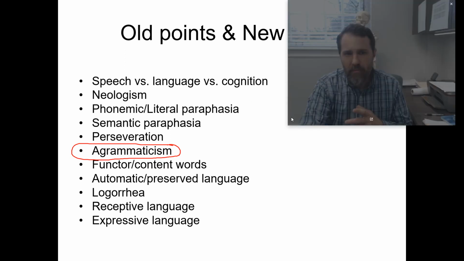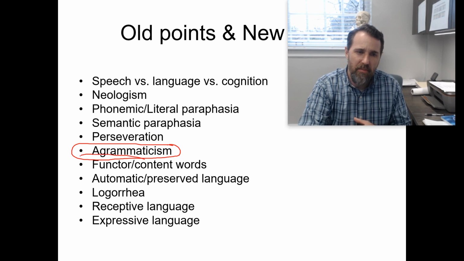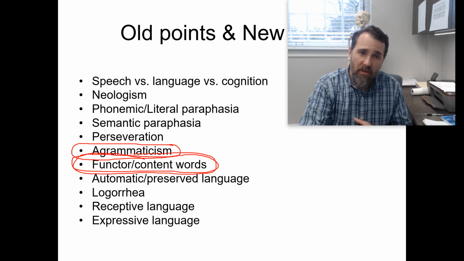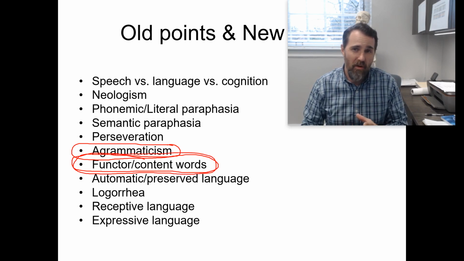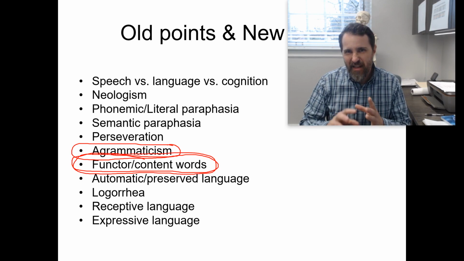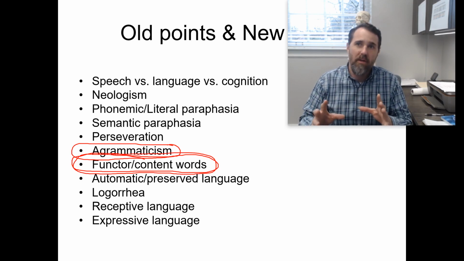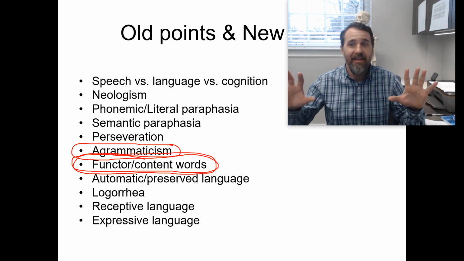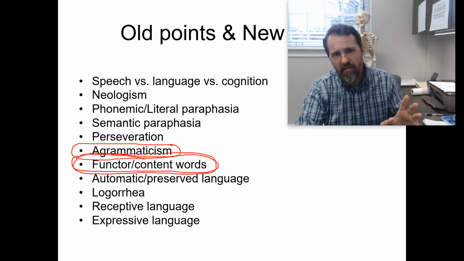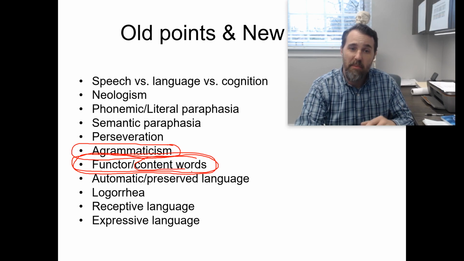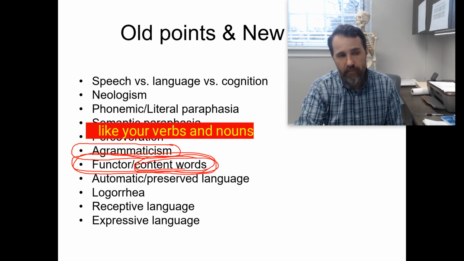And in no small part, this is because of the next item: functor words and content words. Your functor words, also known as your function words, these are sort of the ifs, ands, and buts within sentences. These are the words in between the main words that convey the majority of the meaning. Those words that communicate the majority of the meaning are referred to as the content words.